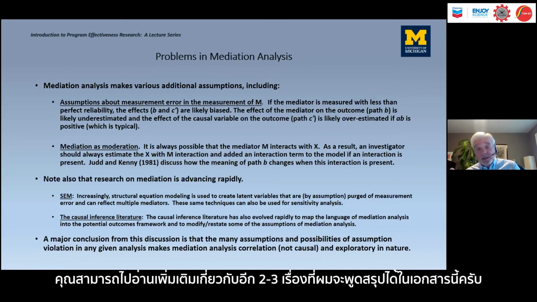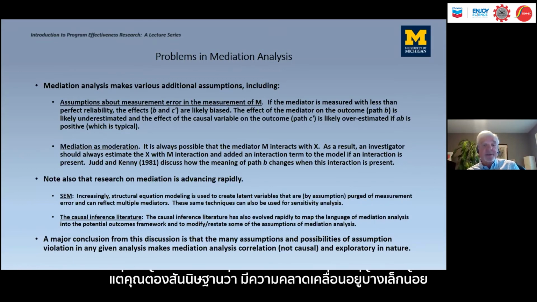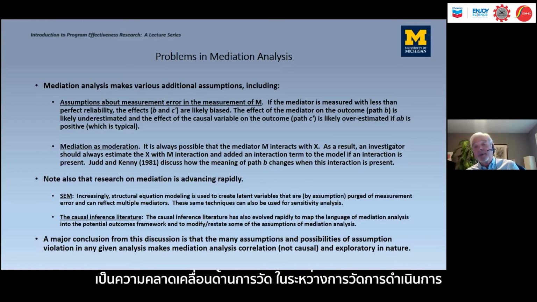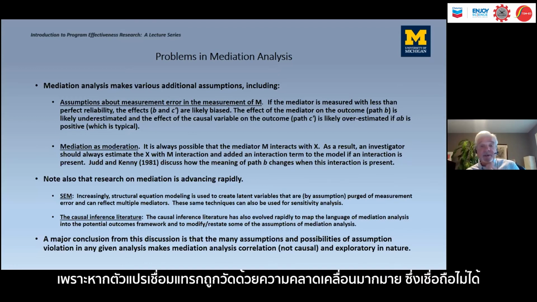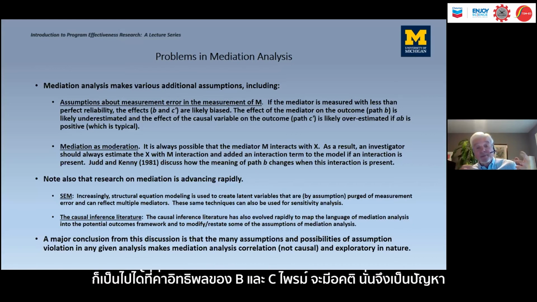A couple of other things I'll briefly touch upon. You can read upon this by reading further on this literature, but you have to assume that there's very little measurement error in the way you measured implementation for that mediation analysis to work, because if the mediator's measured with a lot of error, it's unreliable, then the effects of B and C prime are likely biased.